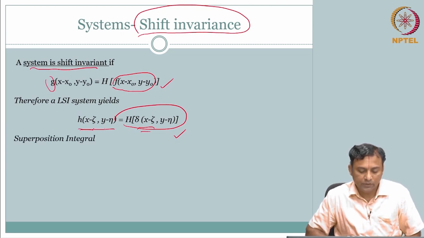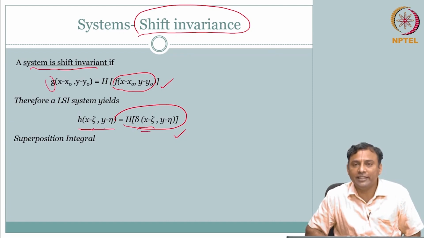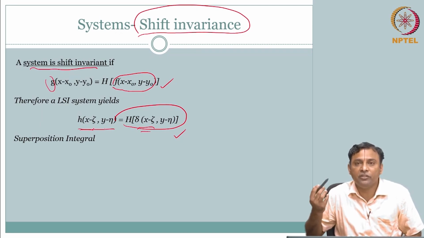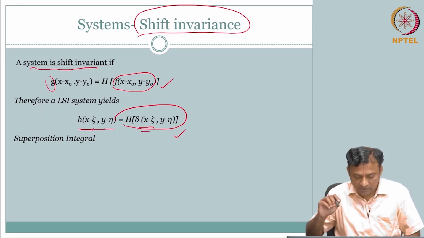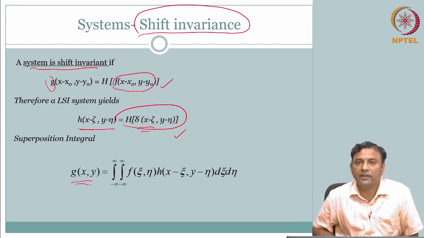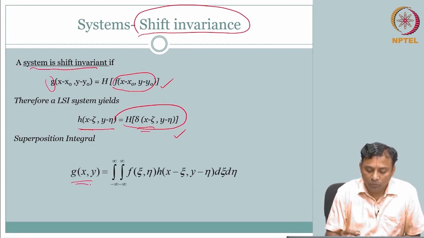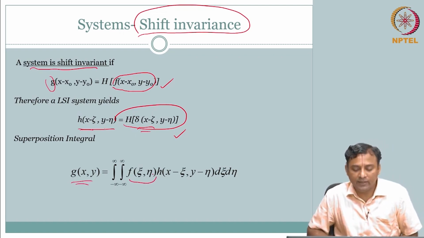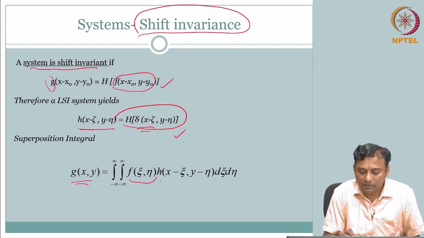Okay. So now looking back to our superposition integral, we just saw that, and there was an h with 4 dimensions. So let us see what happens. Your g of x comma y, which is your output, becomes f of theta comma eta times this guy.